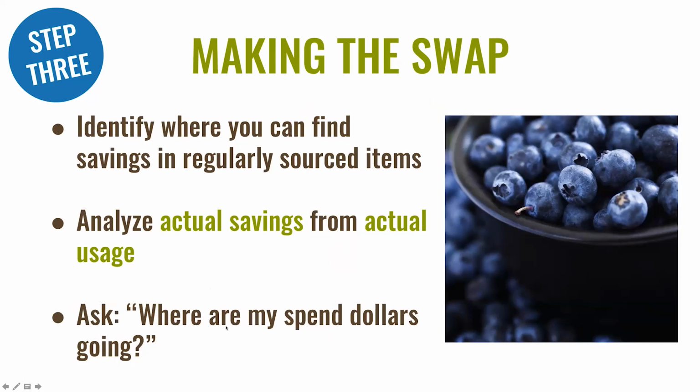When I support a local farmer, the power of that dollar is stronger than the power of the dollar that I'm purchasing from a vendor or distributor. And so even though my vendors and my distributors are absolutely crucial to my success in being able to purchase food items, it's important to understand where my dollars are going so that I can have a greater appreciation for the economic impact or the contribution that we're making to the community.